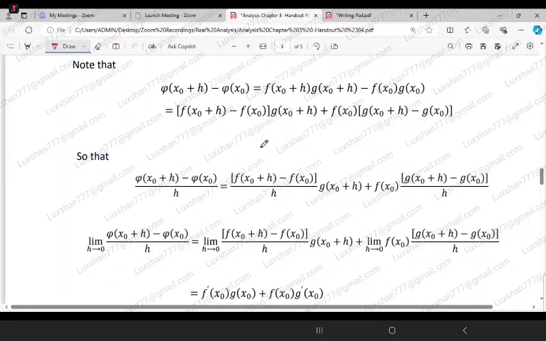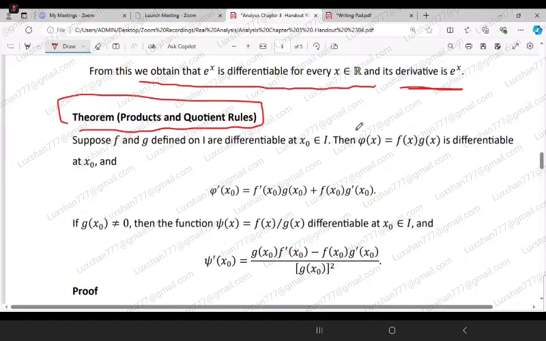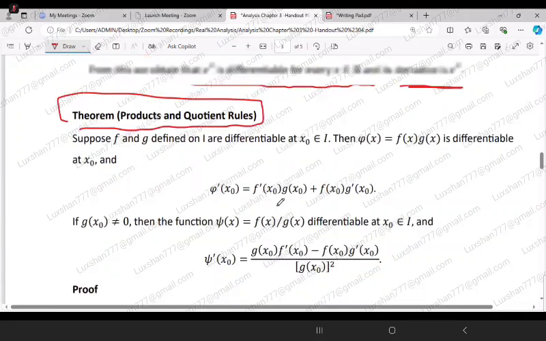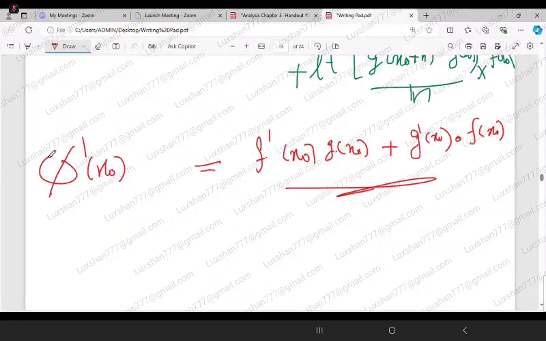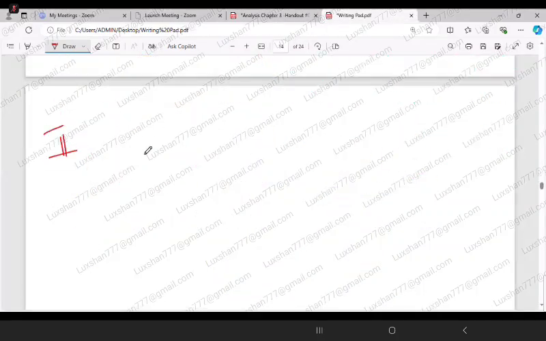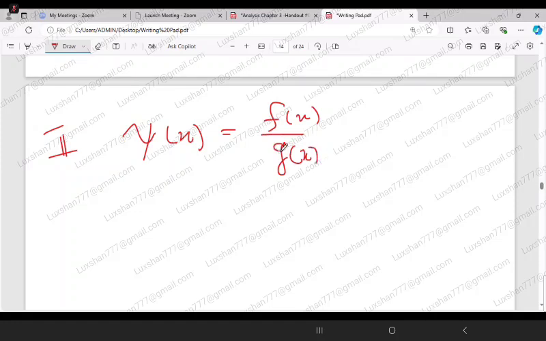Similarly, we are defining another function, chi. So we have the function chi. Chi x is equal to f x over g x, where we have the condition that g x naught is not equal to 0.